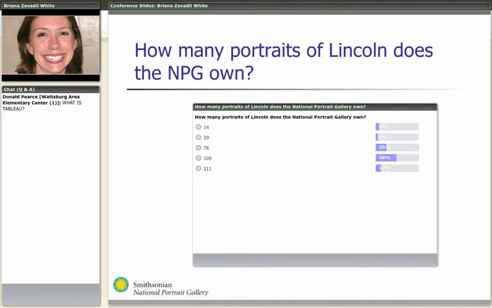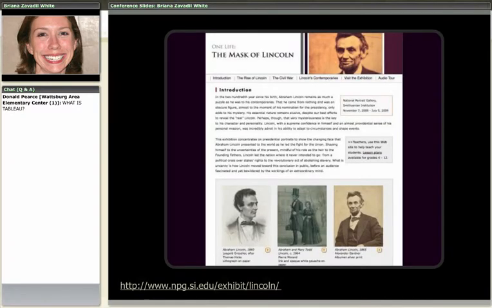We hope you will. And the reason why I wanted to ask all of you is because I want you to understand that while One Life: The Mask of Lincoln is a fantastic show, it is by no means the only portraits of Lincoln that we have in our collection. We do have a number of other fantastic images, a number of paintings of Lincoln.